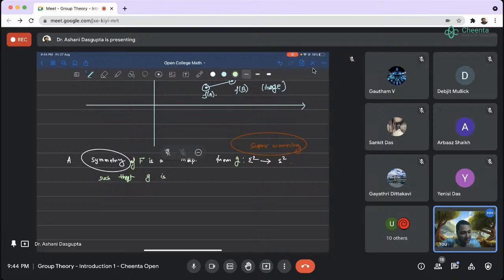G is an isometry and G of F is F. In other words, it's a distance preserving map such that the image of the object F is the same as F. F is some subset of E2.